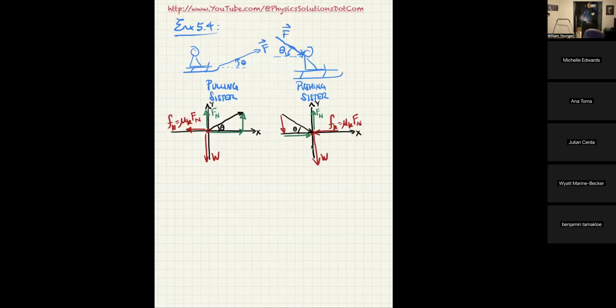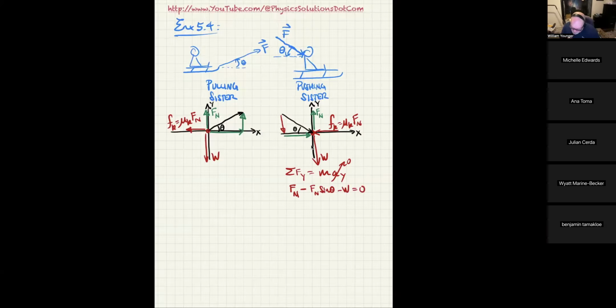So if I take the summation of the forces in the y direction equals mass times acceleration in the y direction, and that's equal to zero, what we get is Fn, in the positive direction, minus Fn sine theta minus W is equal to zero.